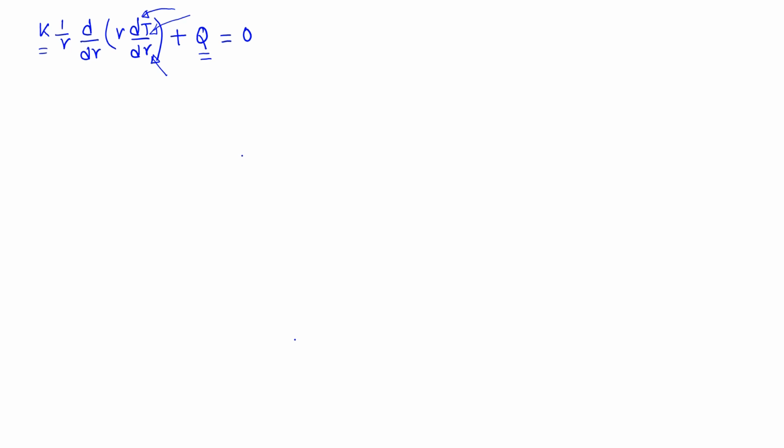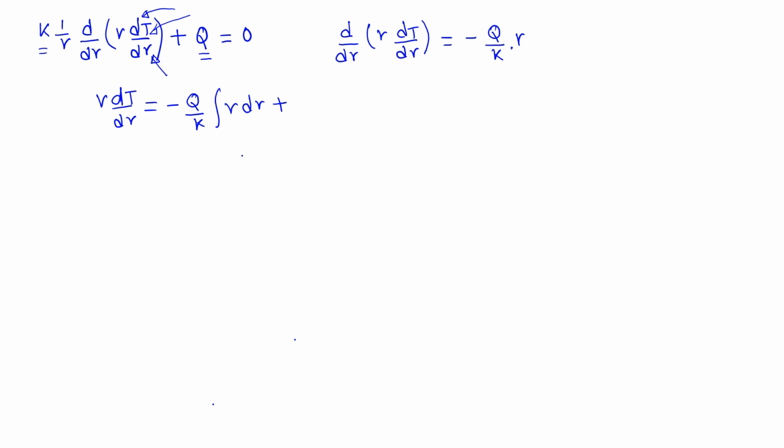Let's proceed in solving this. We rewrite the equation like this, equal to minus q over k times r. Integrating once, I get r dT dr equal to minus q over k r dr plus c1.